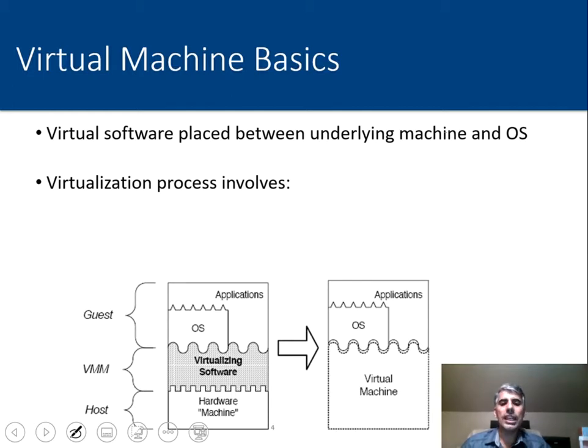In other words, this virtualizing software or VMM can understand different instructions that are given by different operating systems, and then it has the ability to translate them to the instructions of the underlying hardware.